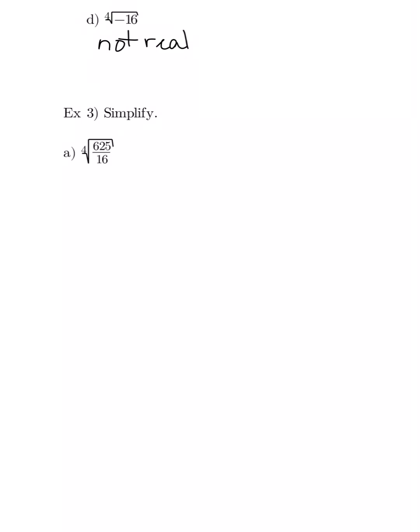The fourth root of 625 is 5, and you do the fourth root of the bottom. The fourth root of 16 is 2. B is very similar. We're doing a cube root this time of the fraction 343 over 27. What is the cube root of 343? 7. The cube root of 27 is 3.